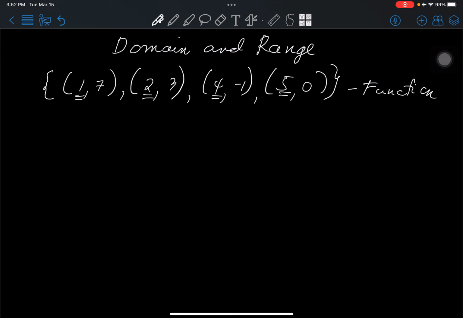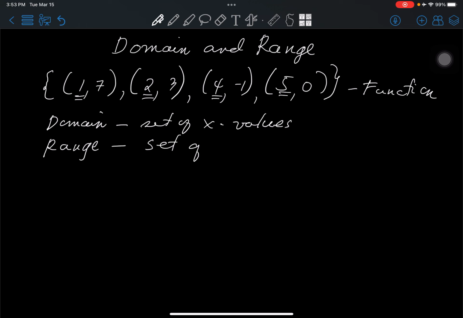Now, if we are going to identify the domain and range of this particular set of ordered pairs, your domain refers to your set of x values. Then you also have your range. This talks about the set of y values.